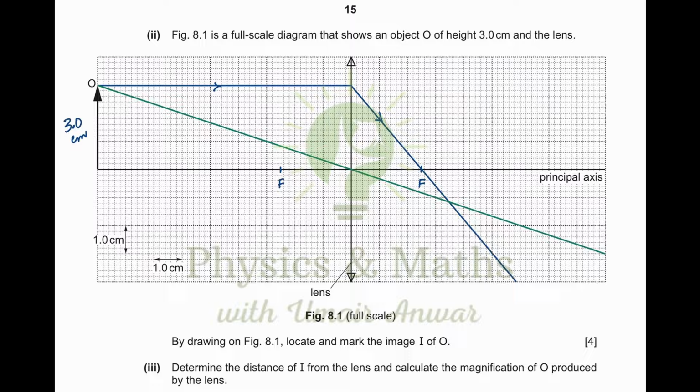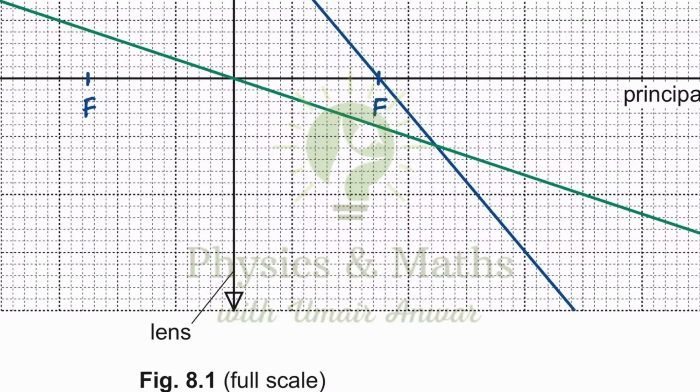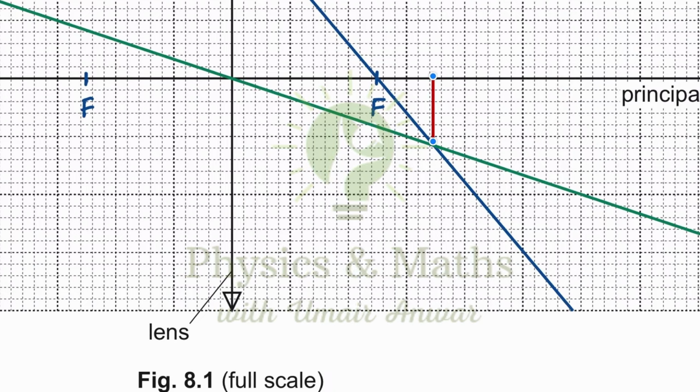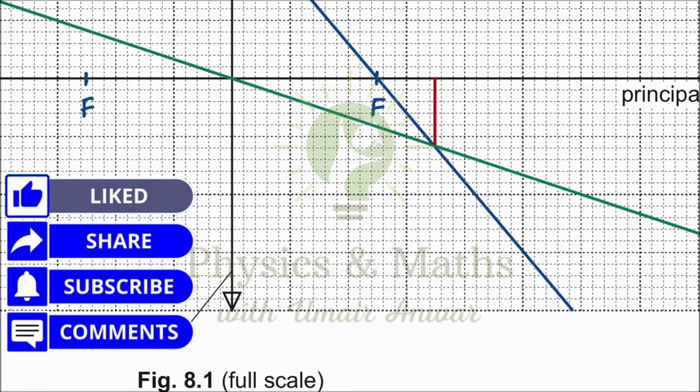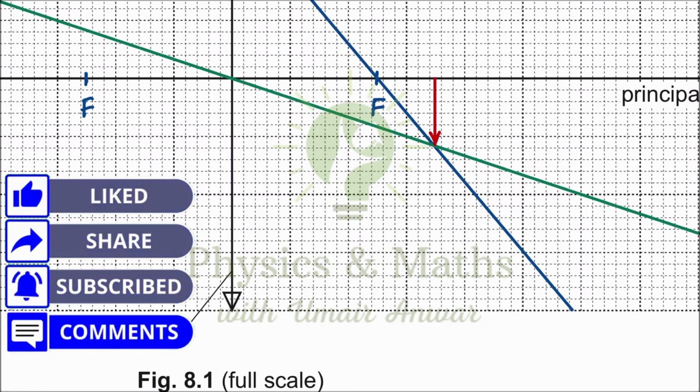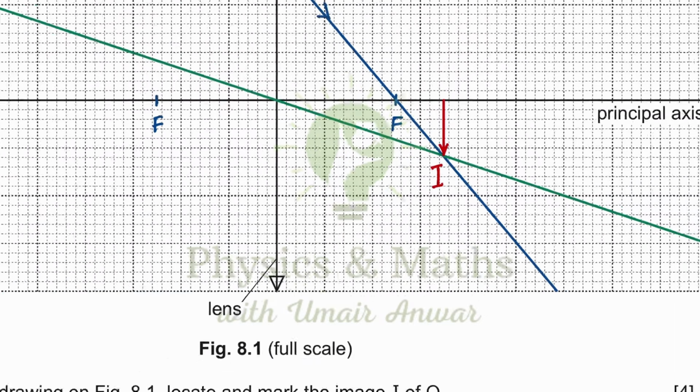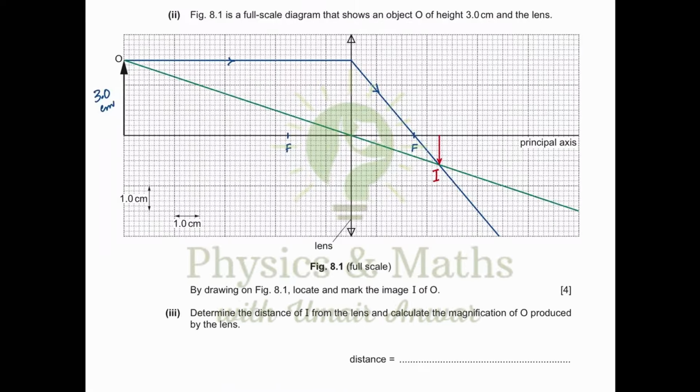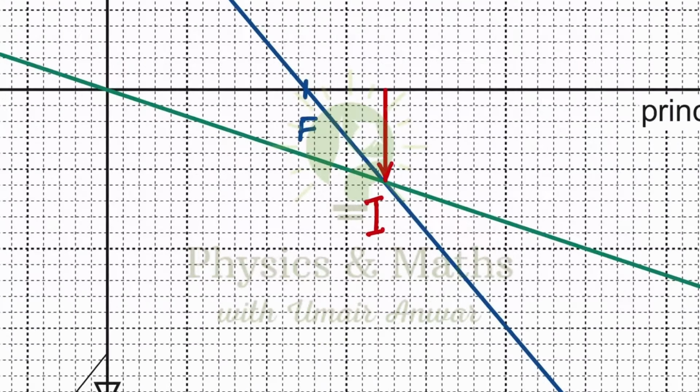Where the two rays intersect each other, that would be the point where the image would be formed. So a head would be formed here and an arrow indicated here. The height of the image is approximately 1.2 centimeters.